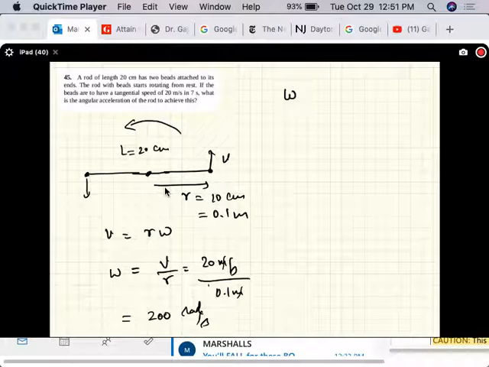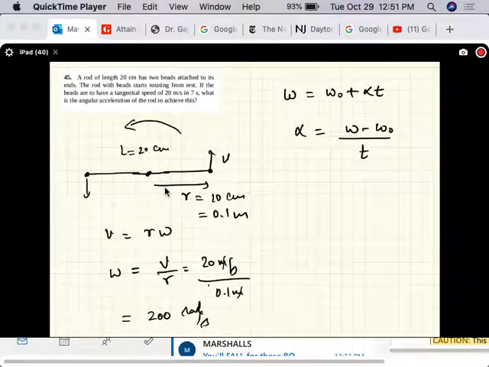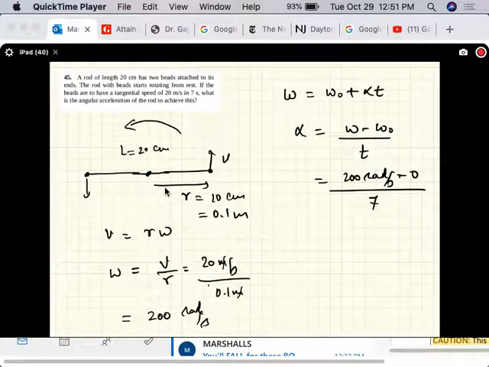All right. So omega is omega naught plus alpha times t. So alpha is (200 radians per second minus 0) divided by 7 seconds.